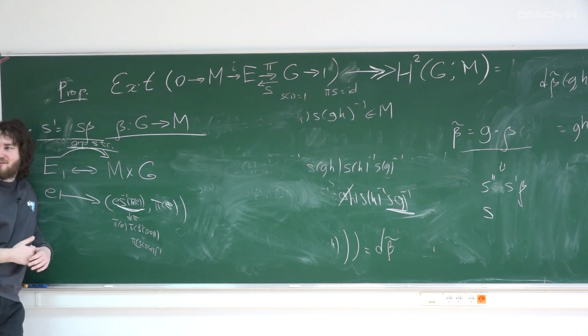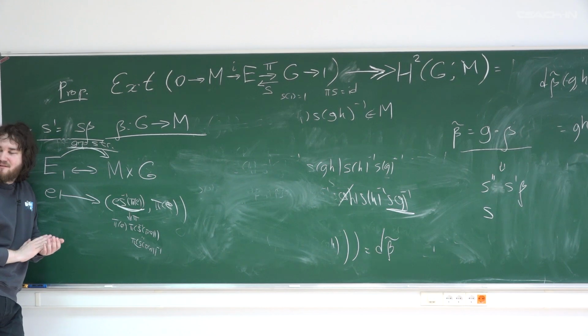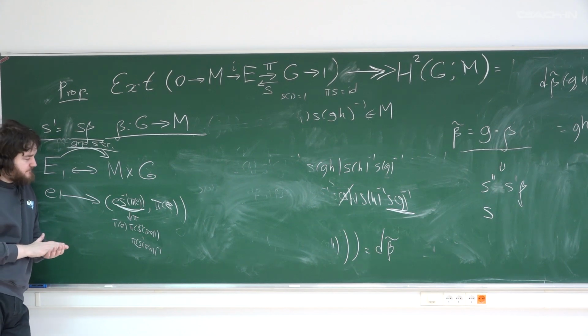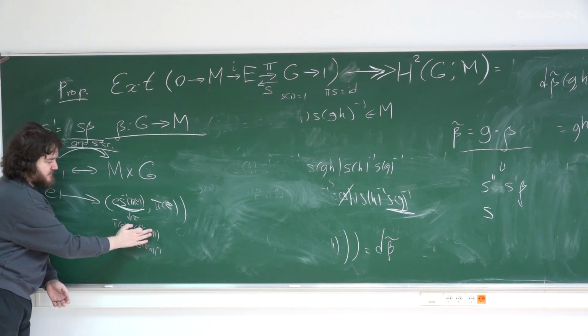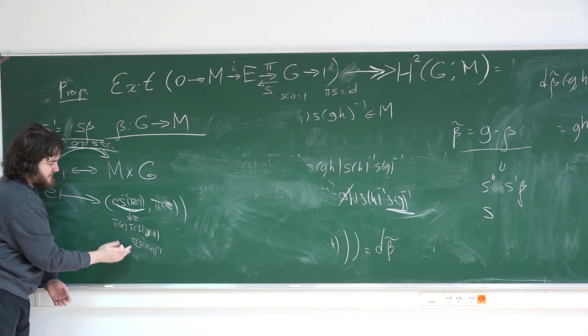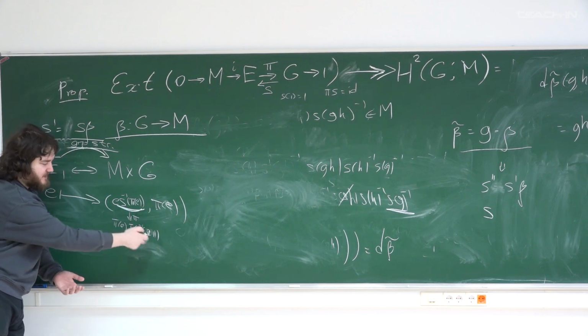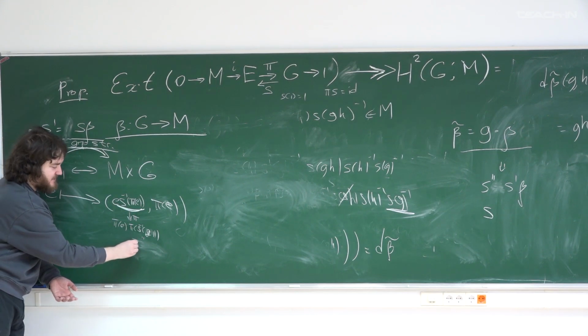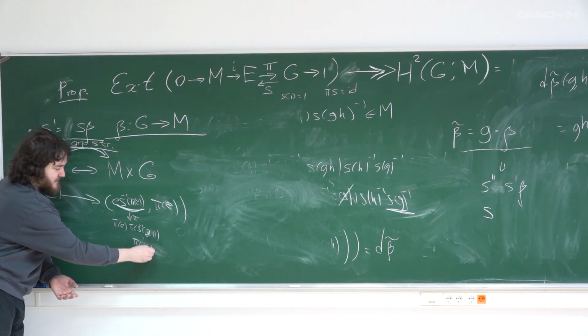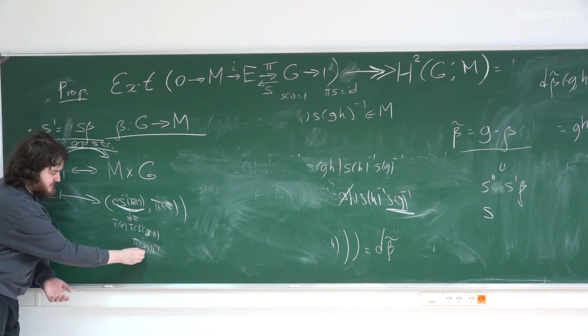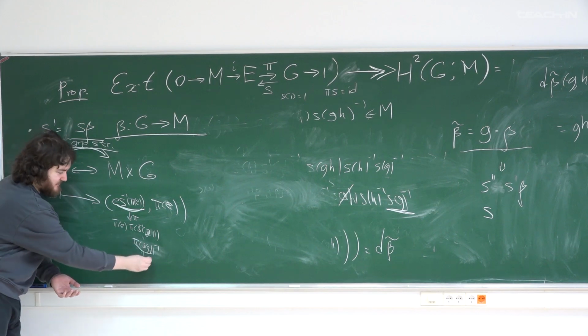This is pi E minus 1. You apply pi to SG and then the inverse, and this is G inverse.